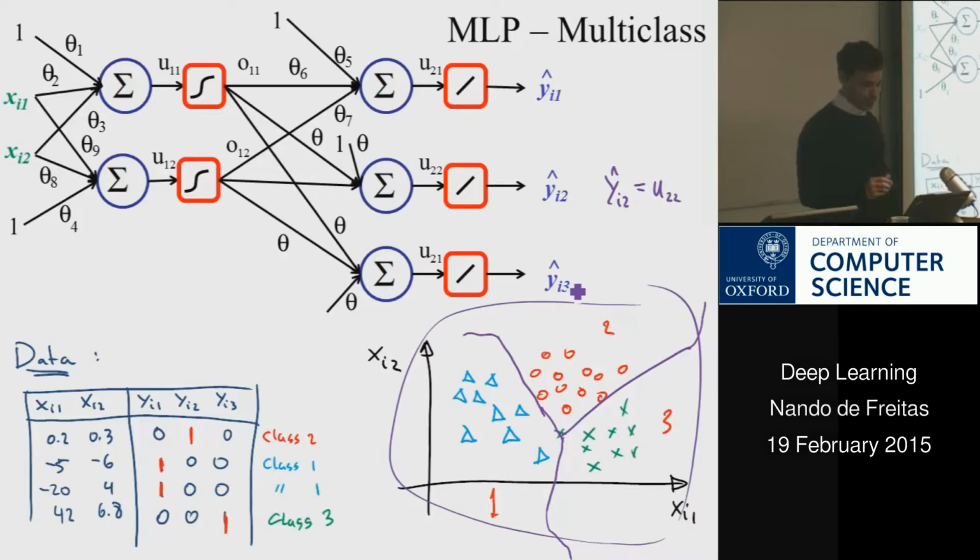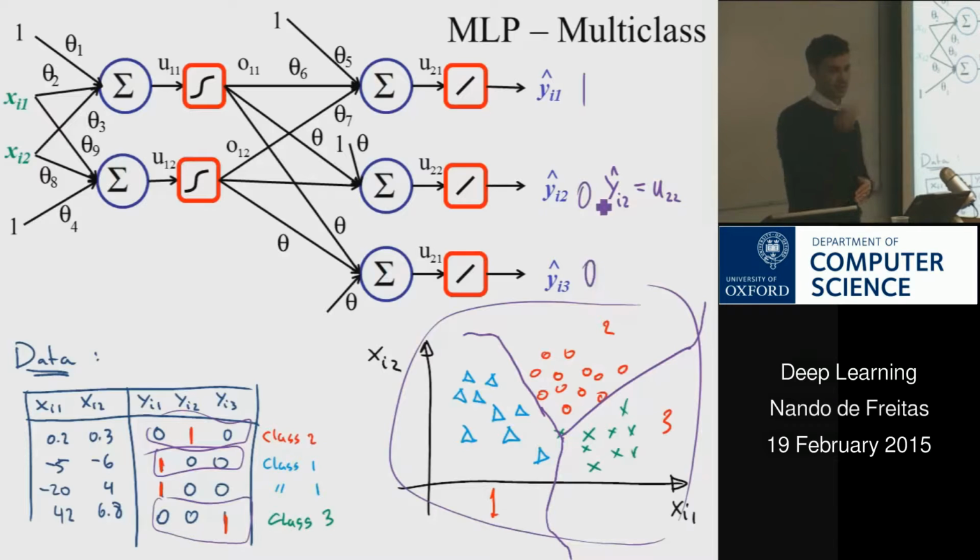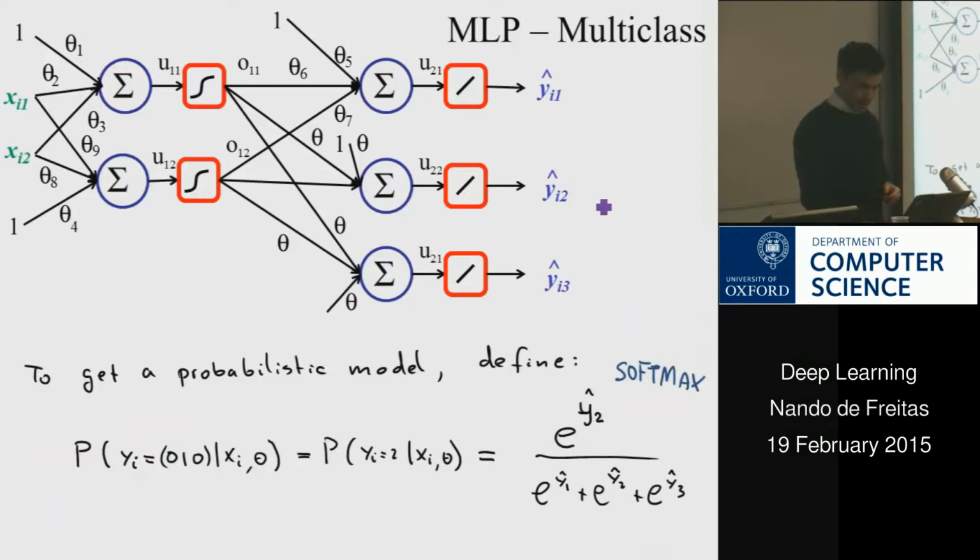You could do an encoding where class 2 becomes the vector 0, 1, 0, class 1 is the vector 1, 0, 0, and class 3 is the vector 0, 0, 1. So when you provide labels with the encodings 100 or 001, we do what we did last time.